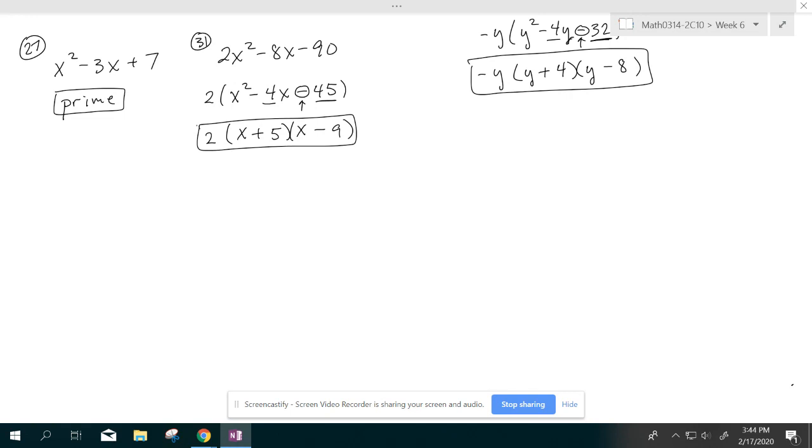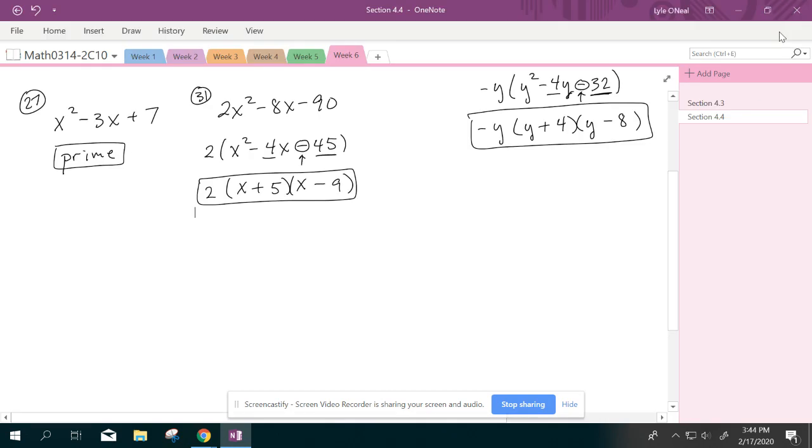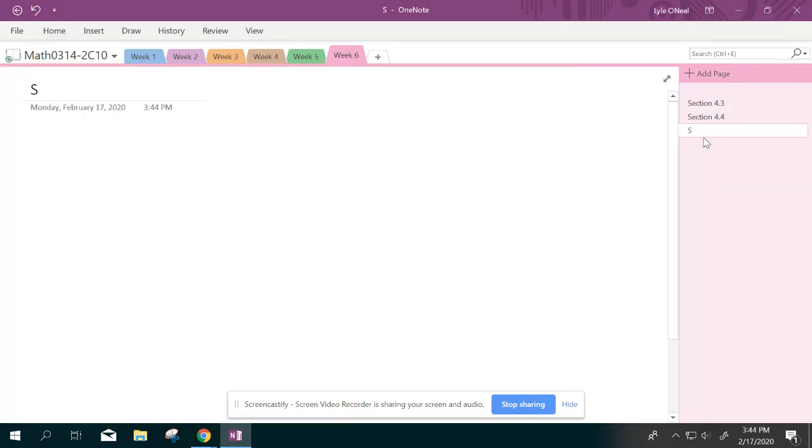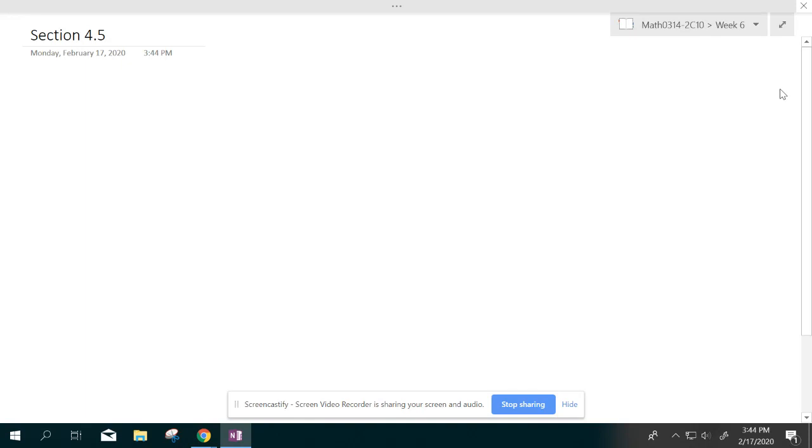Section 4.5. Add a page. Section 4.5. And this section is also on factoring.